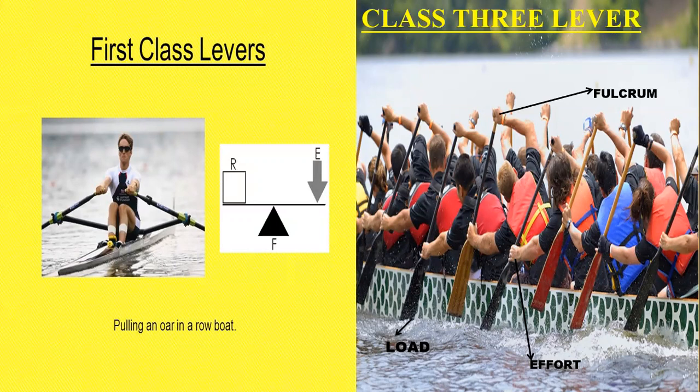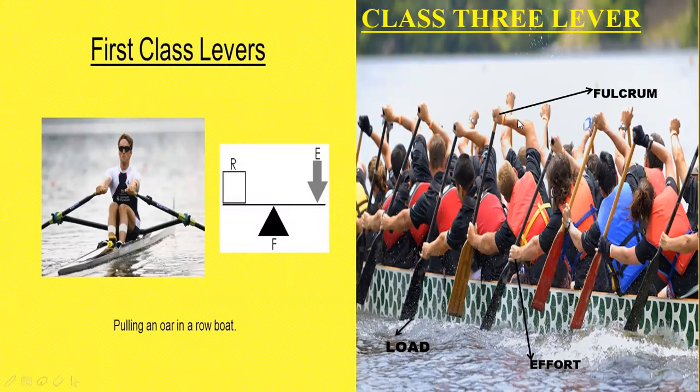First of all, the difference from the class 1 lever is that the oar is a short handle oar. It is not a long handle oar. It is a short handle oar. It is used by the boatmen in boat races.